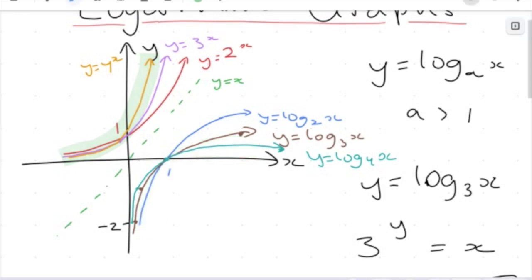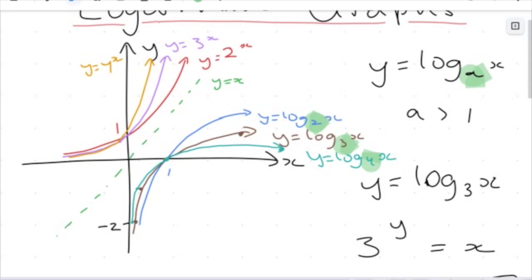So as my value a, my base for my exponentials, got bigger, my graph got steeper. It shot up quicker. As my a gets bigger for my log graph, so from 2 to 3 to 4, I can see that once it passes the intercept, it becomes shallower.